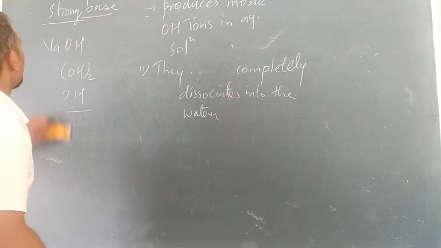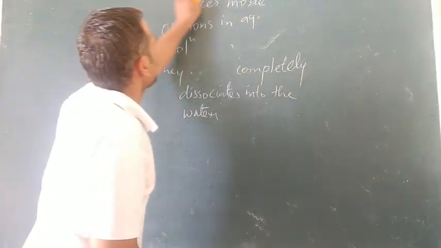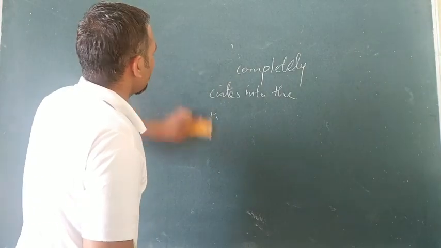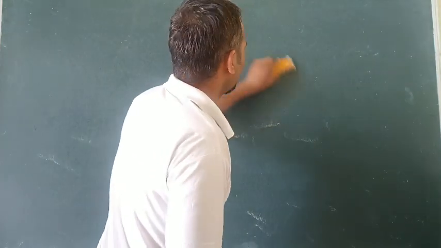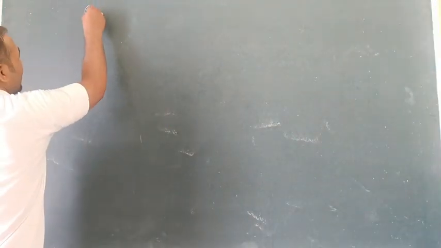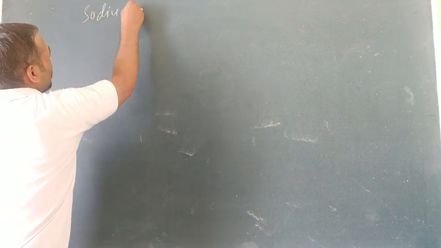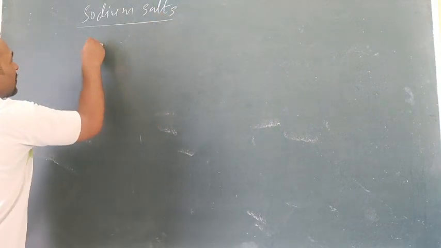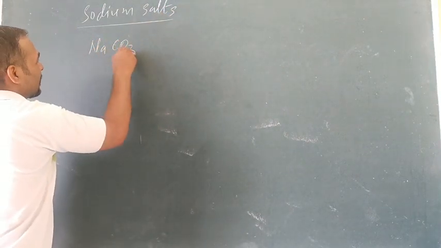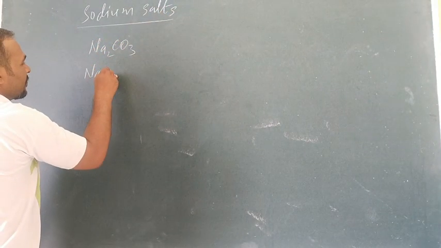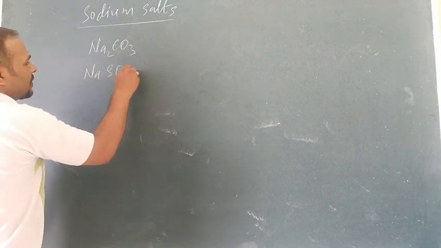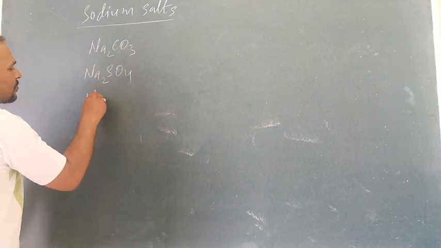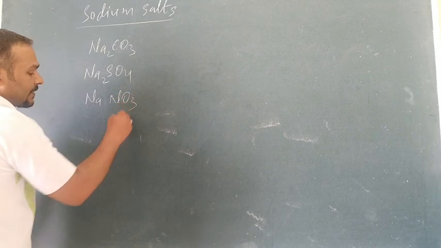One more thing which we need to take care about is the salts, right? What are the sodium salts? I am just giving the example of sodium salt. Sodium carbonate, sodium sulfate, sodium nitrate, sodium chloride.